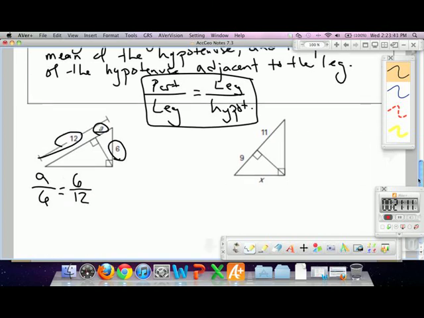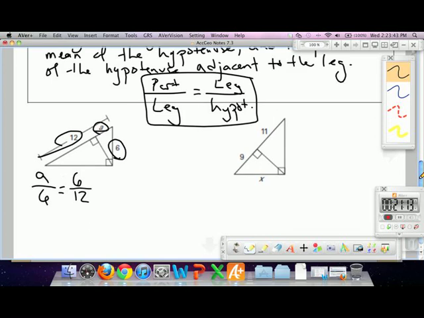So then what would be a proportion we could set up in our second example? Well, do we care about the altitude in here? No. So we're probably going to want to use the second one. Part over leg, leg over hypotenuse. So let's find a leg and the part of the hypotenuse that it's adjacent to.